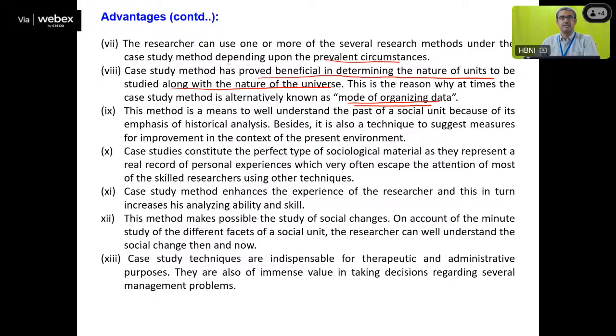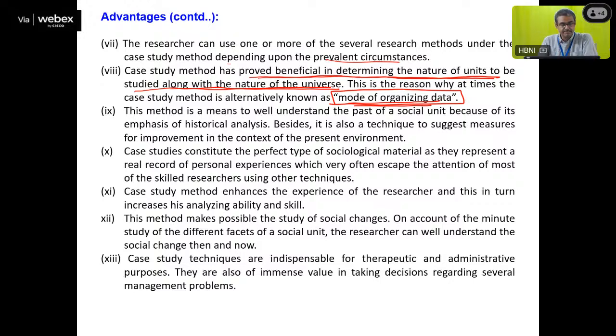The case study method is advantageous because it has proved beneficial in determining the nature of units to be studied along with the nature of the universe. So, under what nature of the universe a particular nature of a unit will behave. This is the reason why at times the case study method is alternatively known as mode of organizing data.